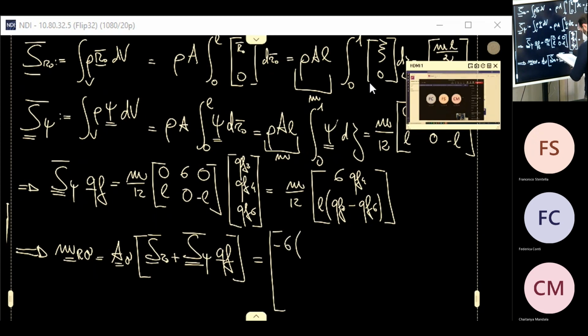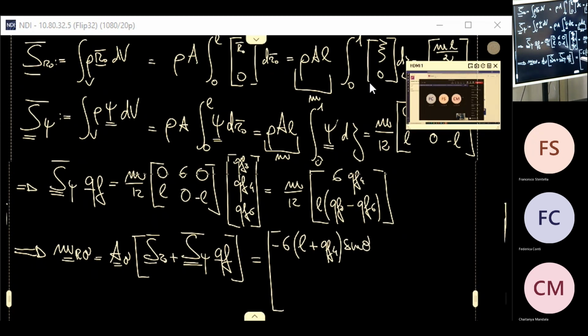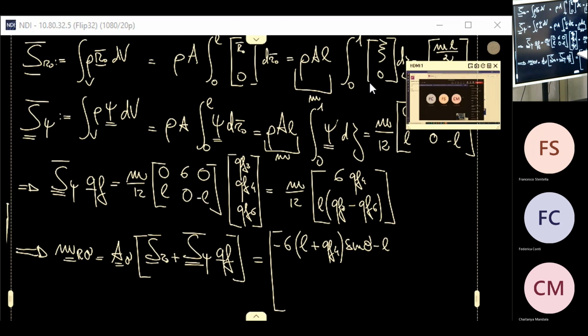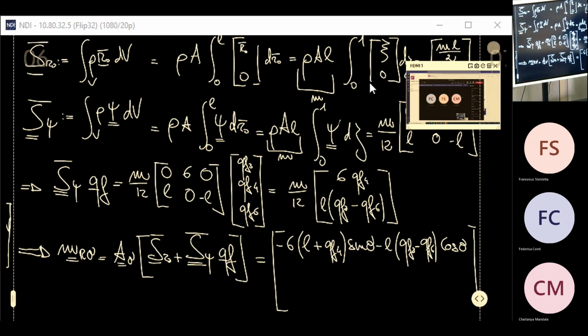Minus 6 L plus QF4 times the sinus of theta minus L times QF3 minus QF6 times cosinus of theta.